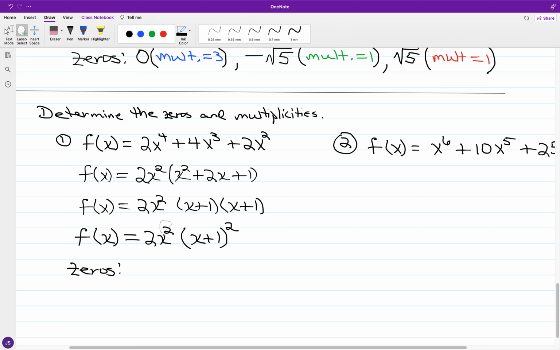Again, x is to the second, and x plus 1 likewise is raised to the second. From the variable factors of x and x plus 1, we have the corresponding zeros: 0 with a multiplicity value of 2, and from x plus 1, we have -1, which also has a multiplicity value of 2.